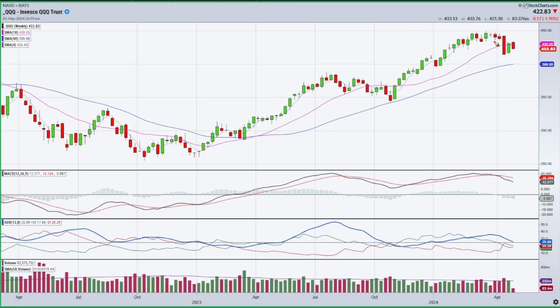Now, typically what I recommend, and when I go through in my course in detail, is when we get that kind of a decline, I'm looking for a retracement back up, usually around the 50% mark, which is about what we rallied to. And then we come back down and test. And the question becomes, do we hold or do we fail? If we fail, then there's a lot more risk in the near term, and we maybe come down to a bigger support zone.